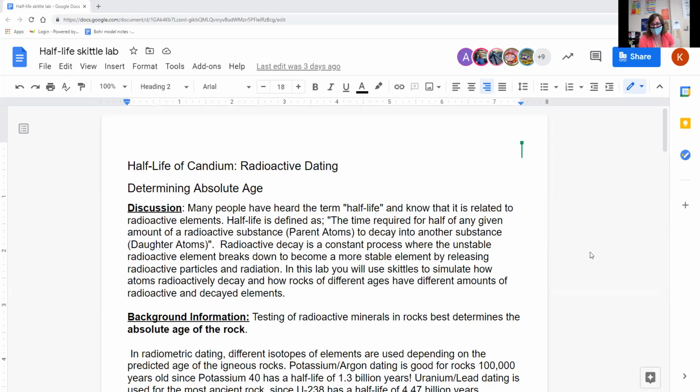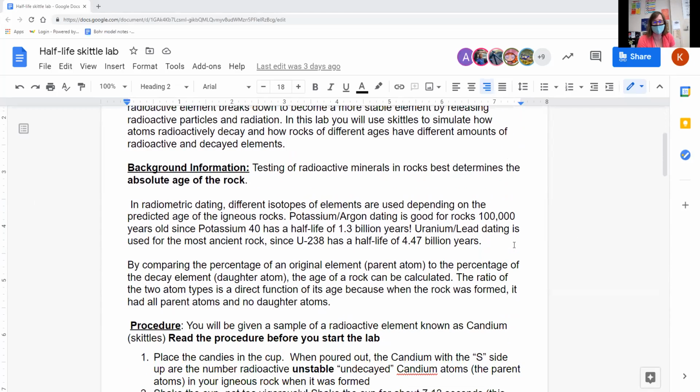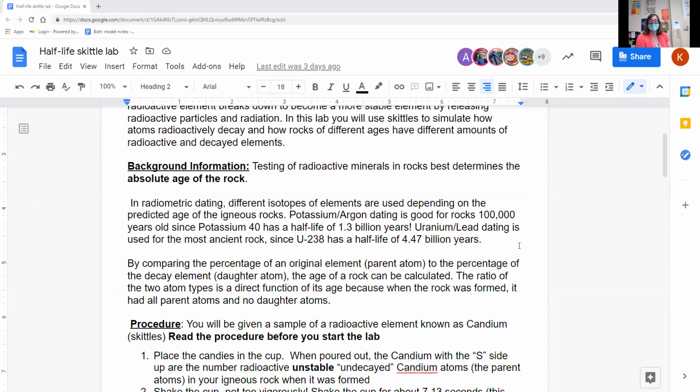So we're going to test radioactive elements. Oh, well, I read this background, sorry. In radiometric dating, different isotopes of elements are used depending on the predicted age of the igneous rocks. Potassium and argon dating is good for rocks 100,000 years old, since potassium-40 has a half-life of 1.3 billion years.